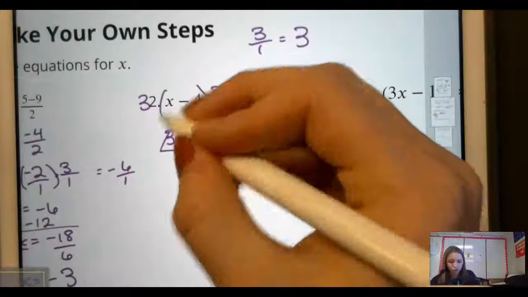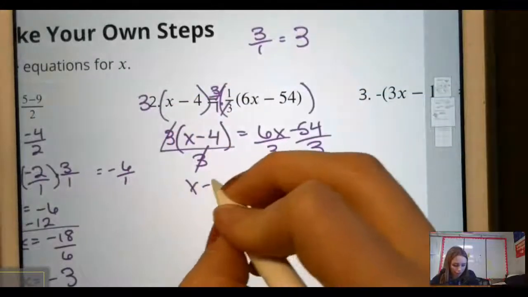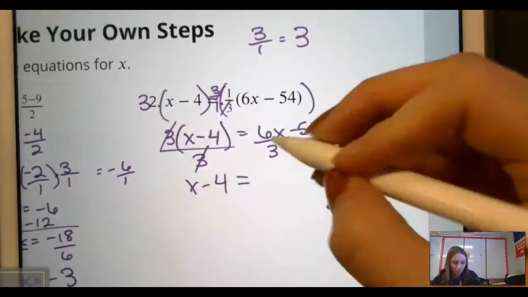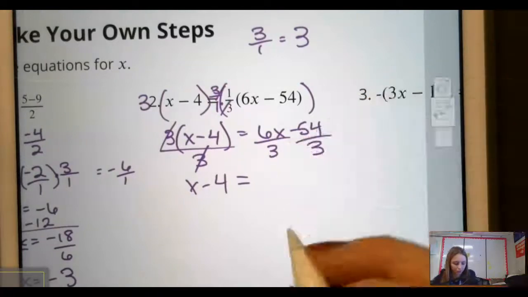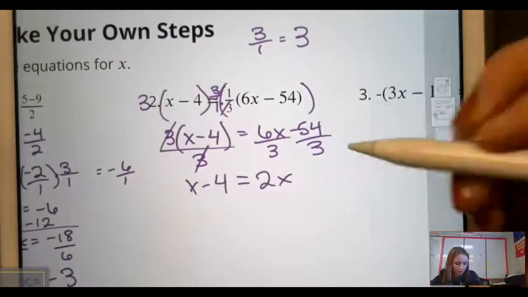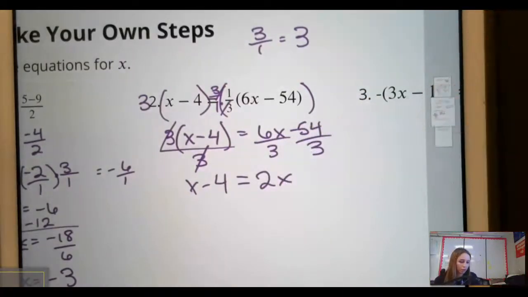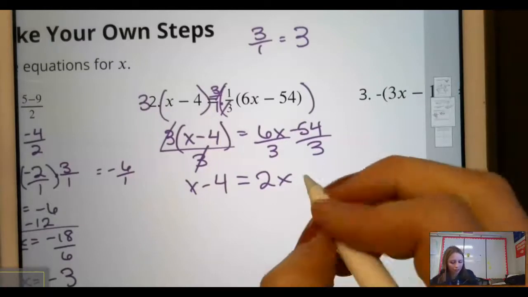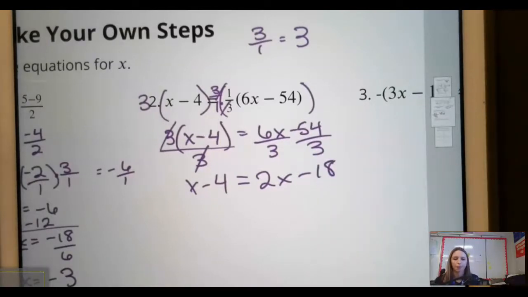So this reduces to 1, and I get x minus 4 on the left. And then 6 divided by 3 gives me 2x. And then 54 divided by 3, let me get my calculator out just to double check that I do it correctly. I get negative 18 there.